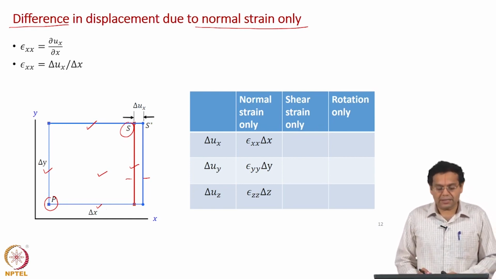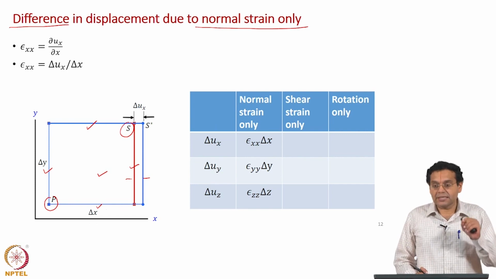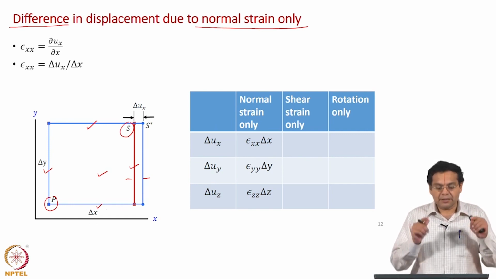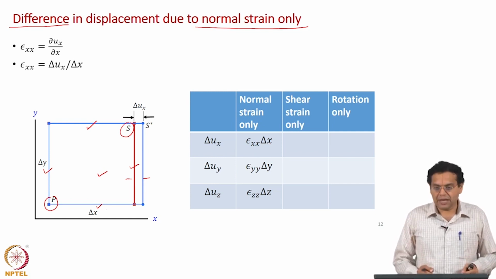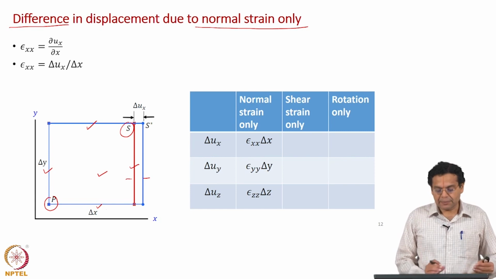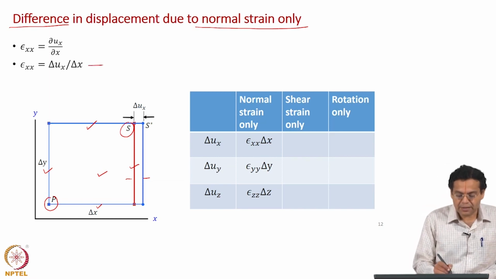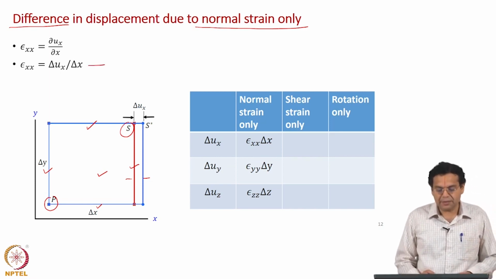If you want to read this statement, it relates normal strain to the difference in x displacement between 2 points which are separated by delta x distance. That is what we have here. We have 2 points which are separated by distance delta x, and so this expression should relate to the difference in displacements between P and S.